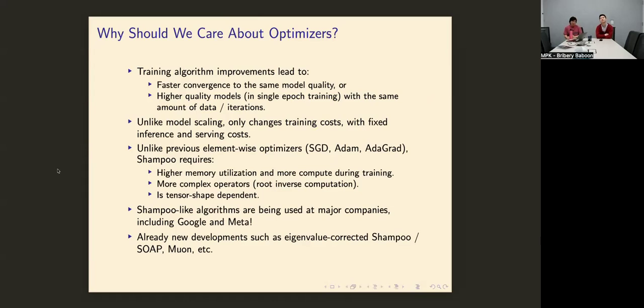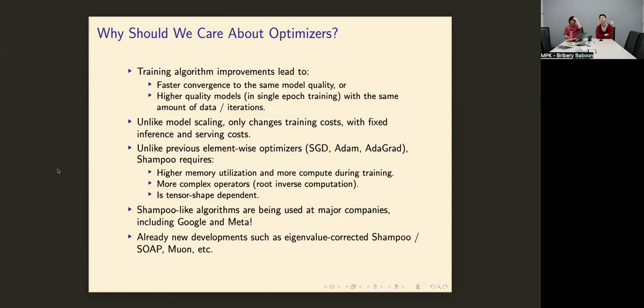I think the other thing that makes Shampoo very unique, maybe as a prototype, not necessarily the only example, is that it's an optimizer that really begins to move beyond element-wise operations. This is something Shintaro will press into more. As a result, we begin to look at optimizers that require more memory, more compute, and more complex operations that go beyond simple element-wise operations.